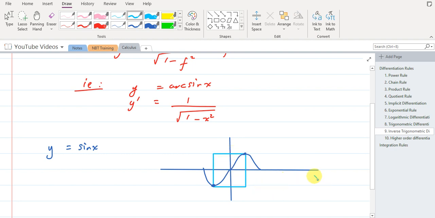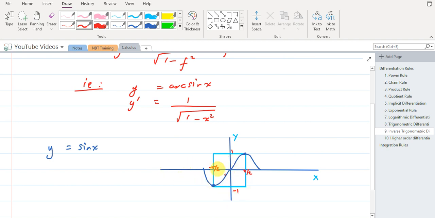So this is minus pi by 2, and that's pi by 2, and that's 1, and that's -1. That's the sine graph.